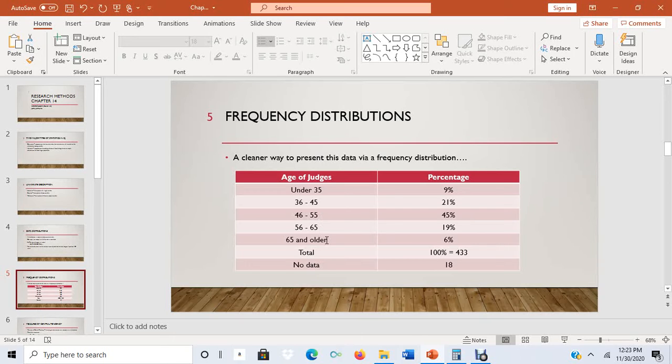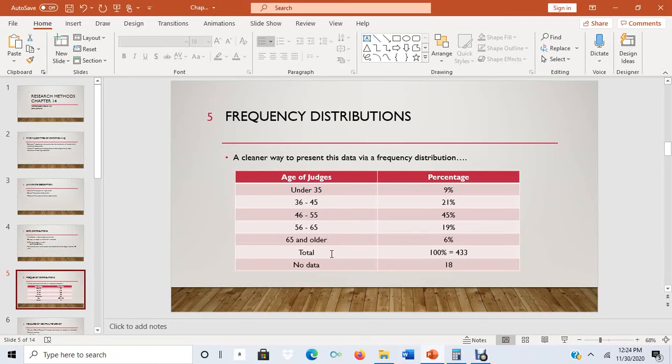And then I've just simply taken the percentage of judges that fall into each strata. So for instance, 9% of our judges are under 35. 21% of our judges fall between the ages of 36 and 45 years old. 45% of our judges are between 46 and 55.